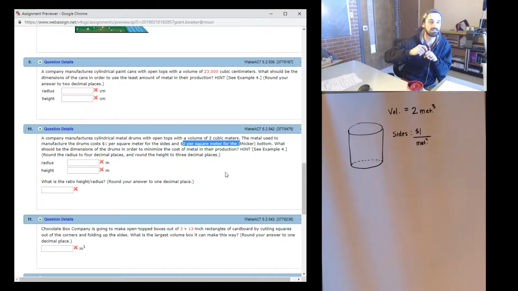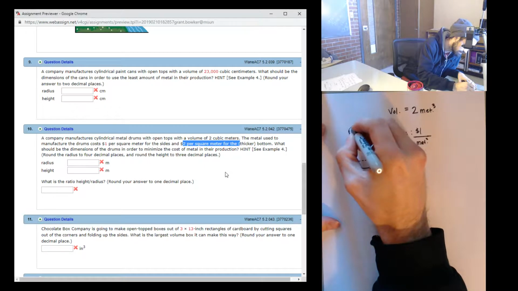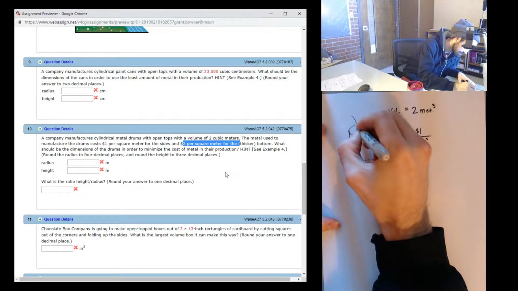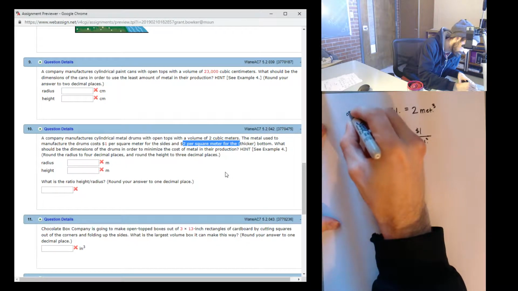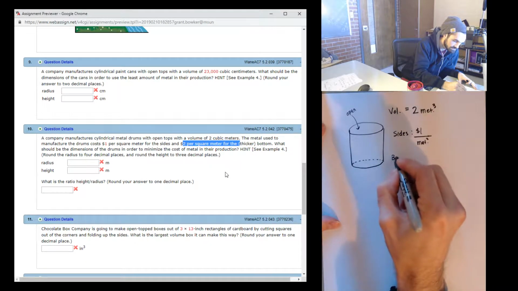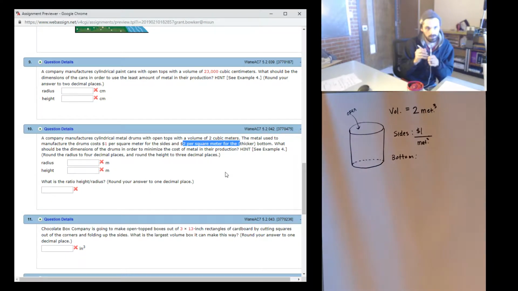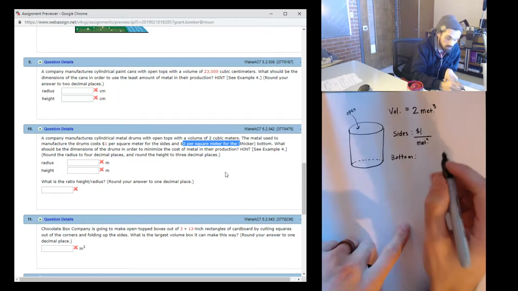Okay, and do recognize this cylinder is open on the top. So, be like an open paint can. $2 per square meter.